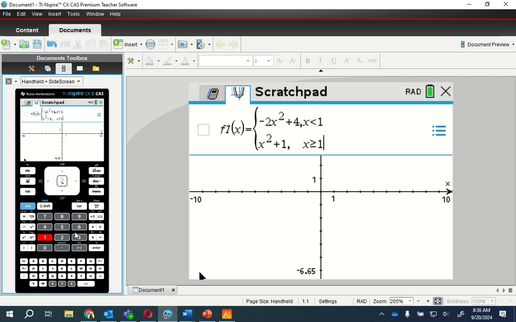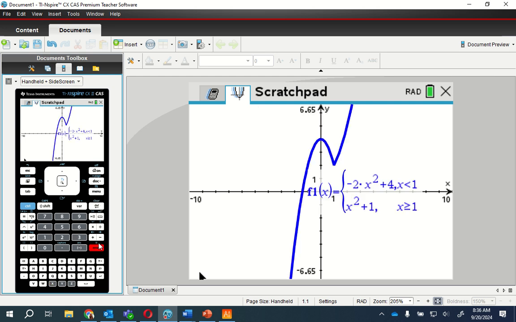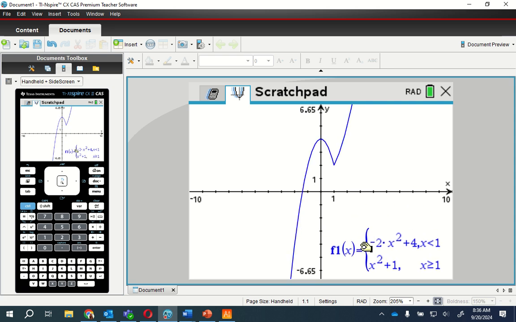There we go. So now we know that the limit exists, right? The limit came out to be 2.